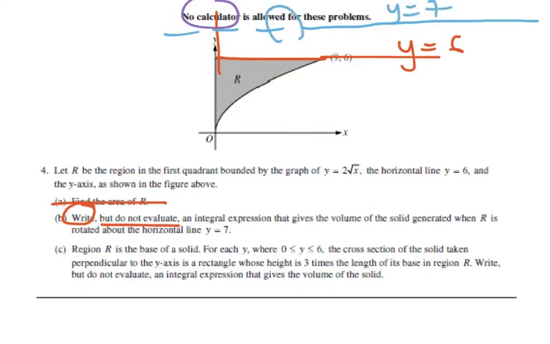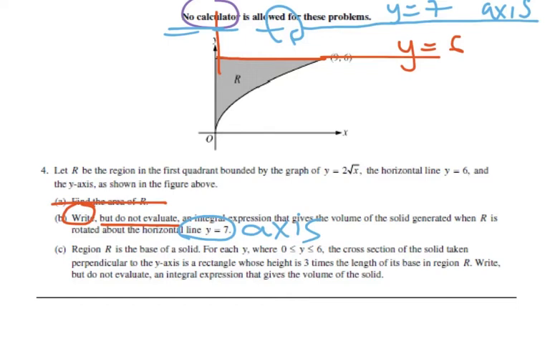I'm going to make an arrow to indicate that this is the axis. When they tell you to rotate about something, that is the axis. This one is a horizontal axis, so this would involve dx.